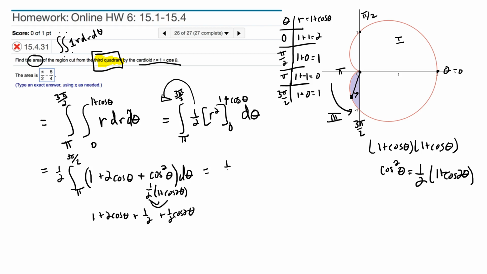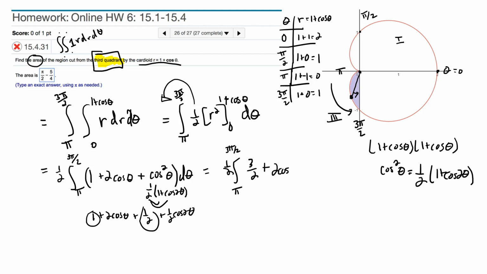So put that together, and we'll call that 1 combined with the half, 3/2. We're going from pi to 3 pi over 2.